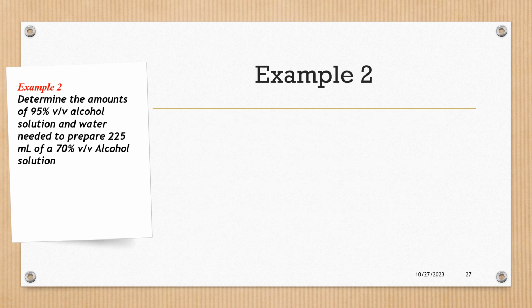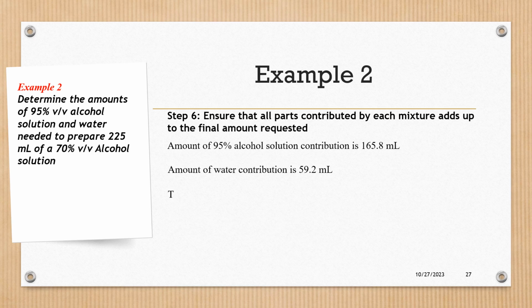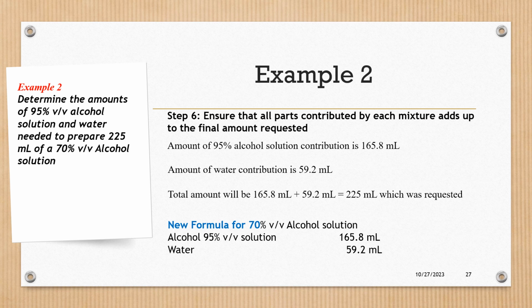59.8 mL of water. Now, again, you want to ensure that all the parts contributed by each add up to the final amount that was requested, which is 225 mL. So in this case, once you add the two volumes that you calculated, you should get the sum 225 mL.